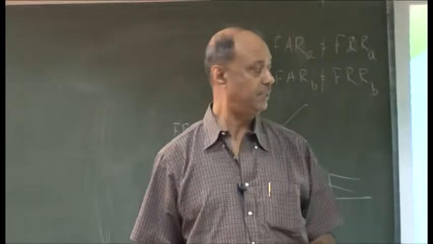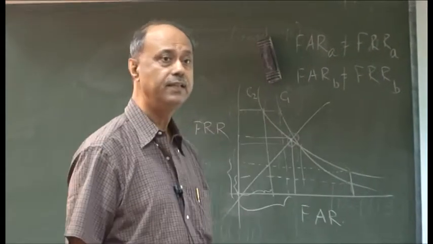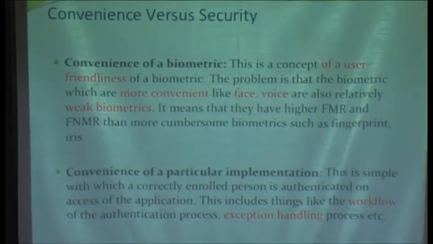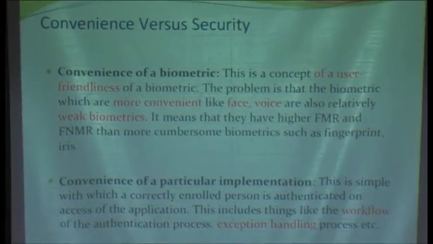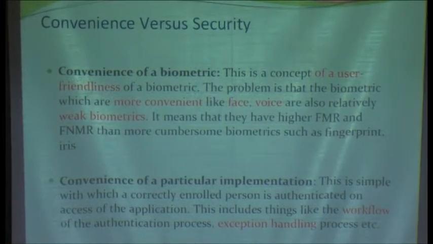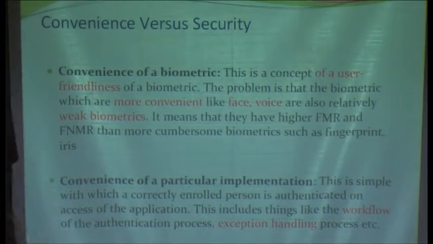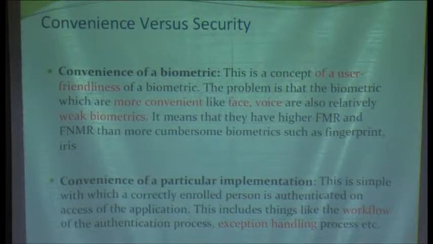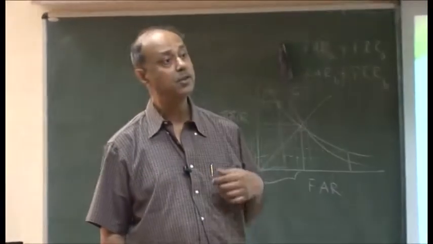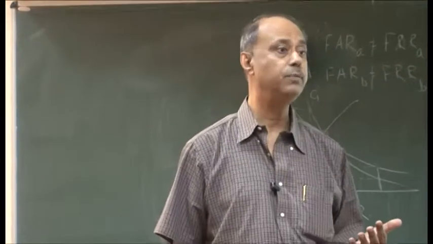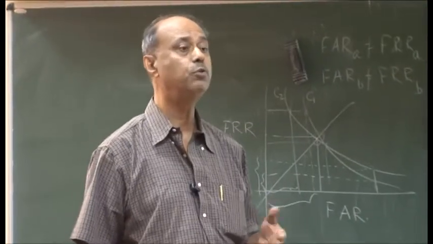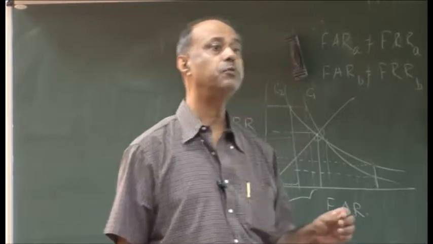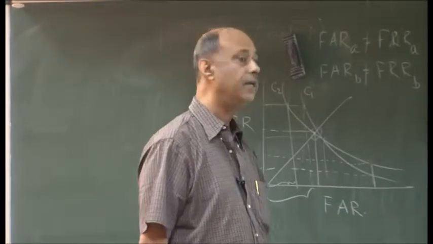Now, the convenience of a particular implementation is not about the biometrics, it is about how we are implementing the system. In implementing the system, you have to see how you are handling the exceptions, because if you are making a secured system, there will be many failures, and genuine people will be rejected. So you have to handle those manually, right?